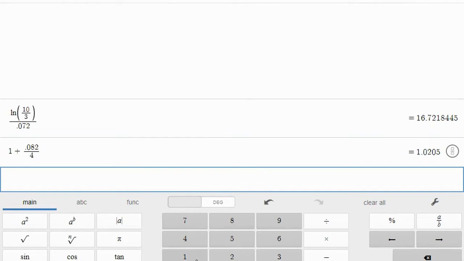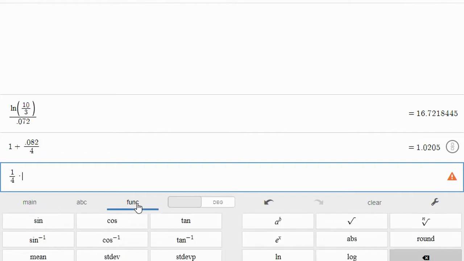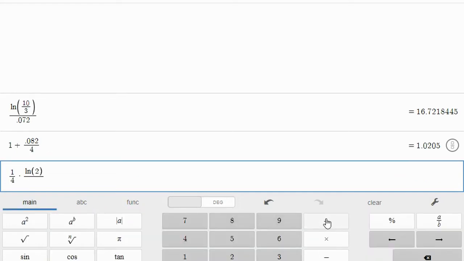So let's try this. 1/4 times the natural log. Go to the function thing. Natural log of 2 divided by the natural log.